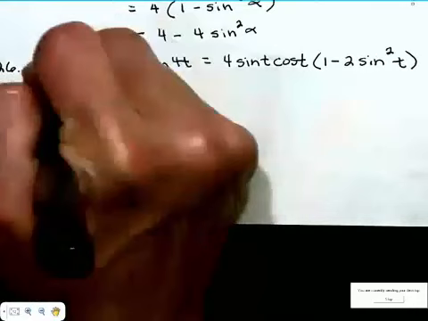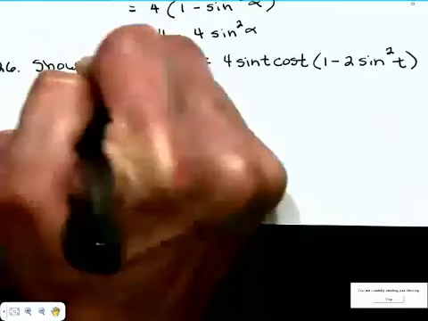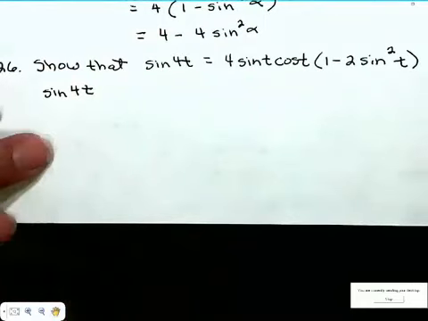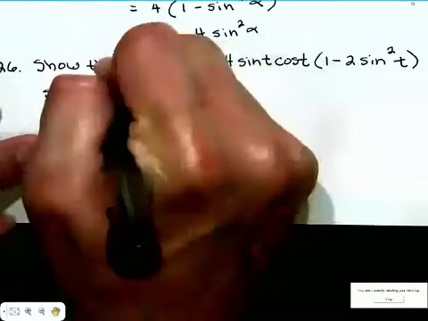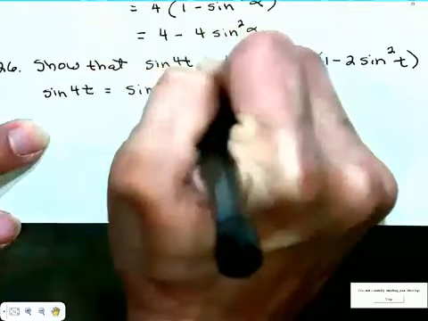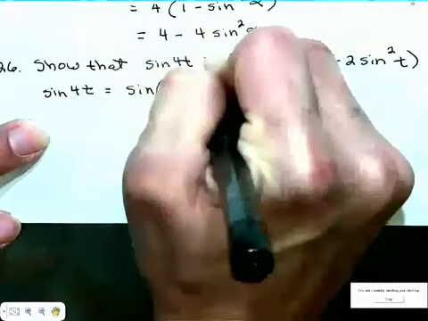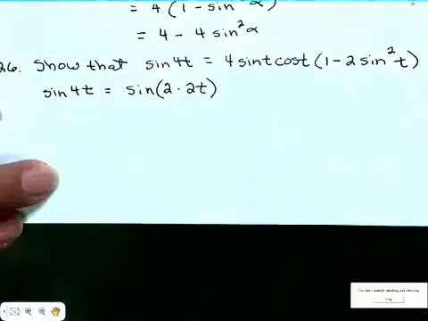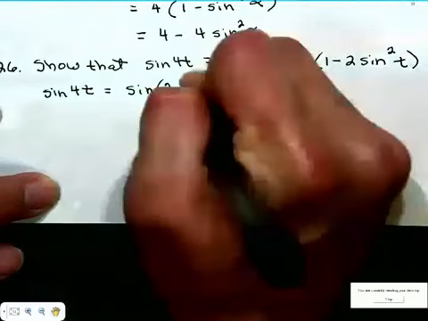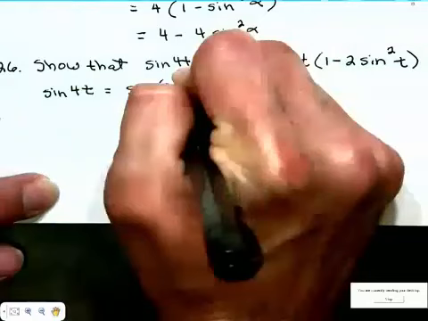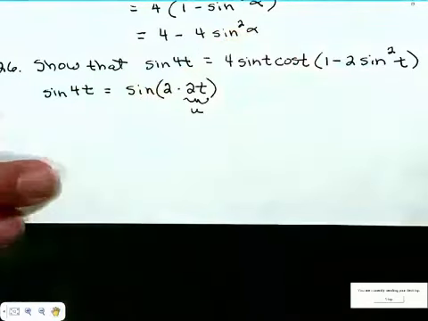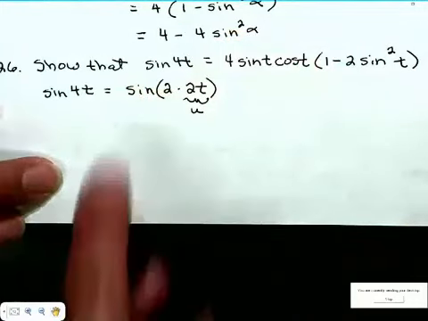So I'm going to start with sine of 4t. And here's how I'm looking at it. That 4t is 2 times 2t. So if I'm thinking of this 2t as my u in the double angle formula for sine, this is just sine of 2u.